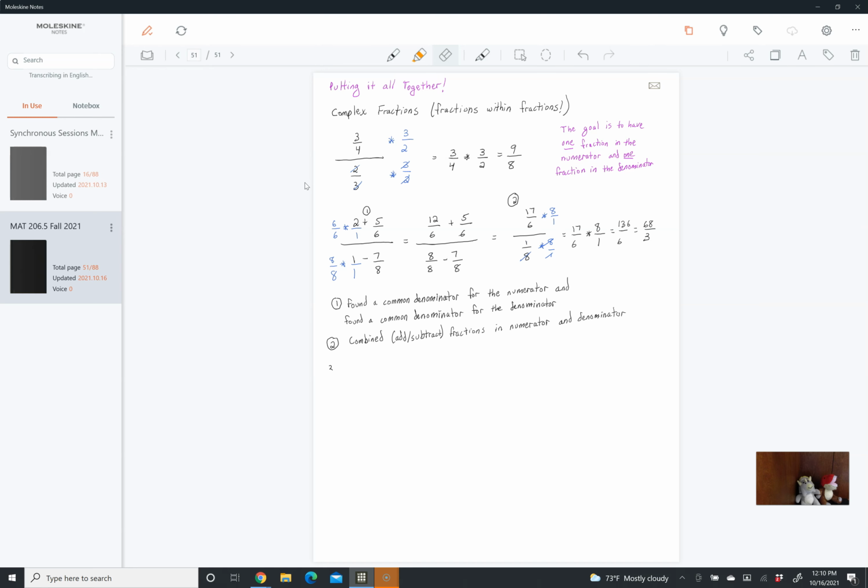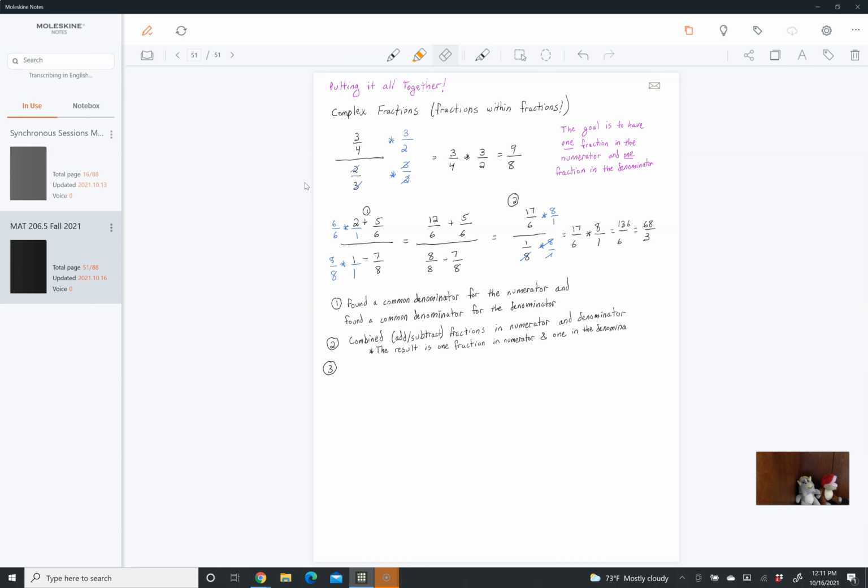And then the last thing that you did is we multiplied, and I'll just put a note here, the result, this is always going to be true, is one fraction in the numerator and one in the denominator, which is our goal.